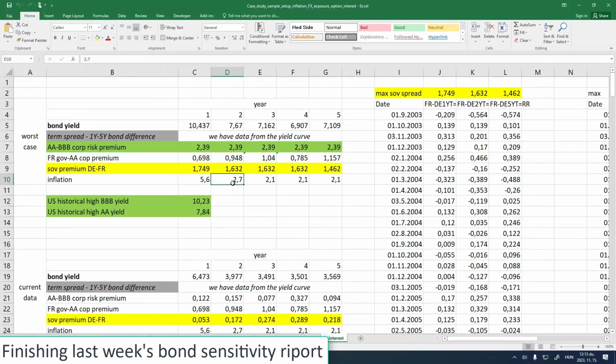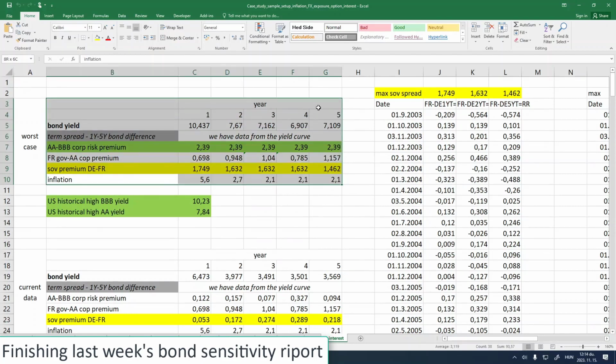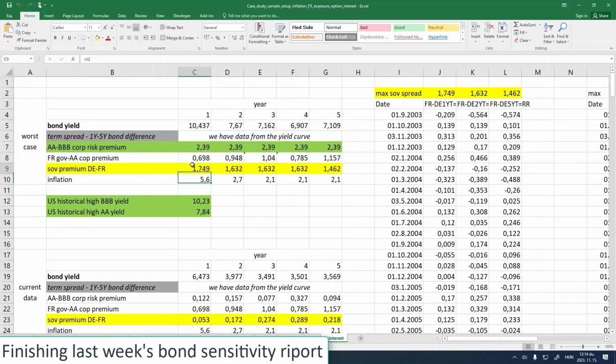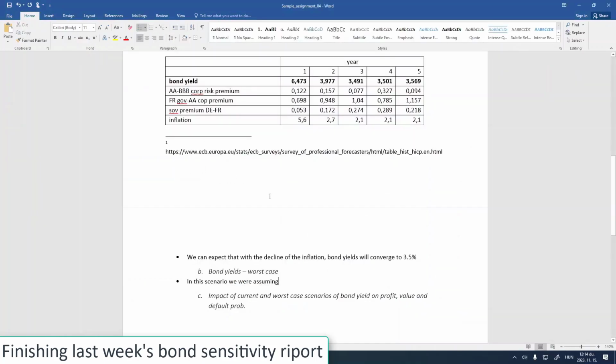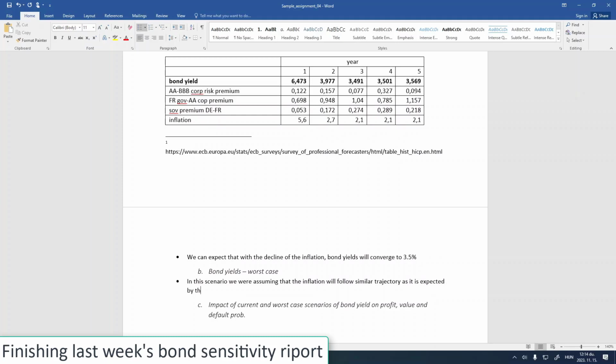And we are talking about the Eurozone, not some small and open economy where things can go sideways easily. So in this case we were assuming that the inflation will follow a similar trajectory as it is expected by the ECB.